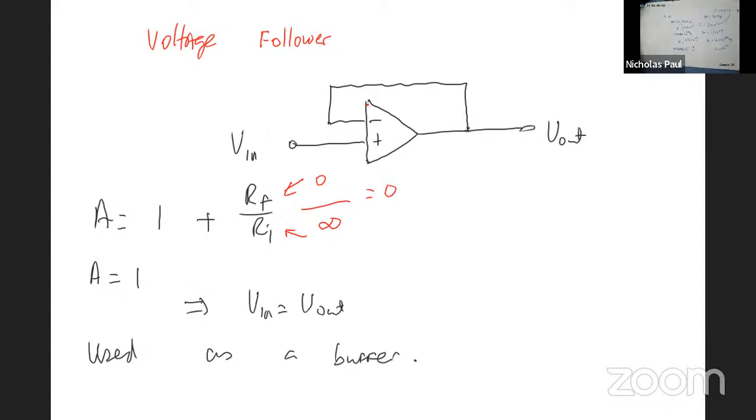So it's used as a buffer. All right, so that's the voltage follower. That's all you have to know: how it looks, what the gain is, and what it's used for.